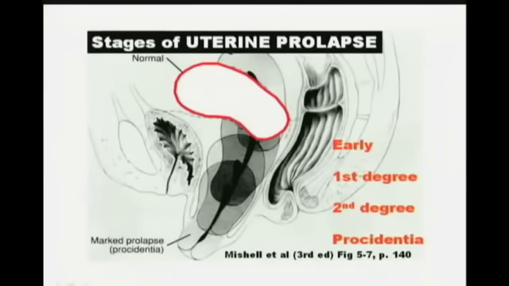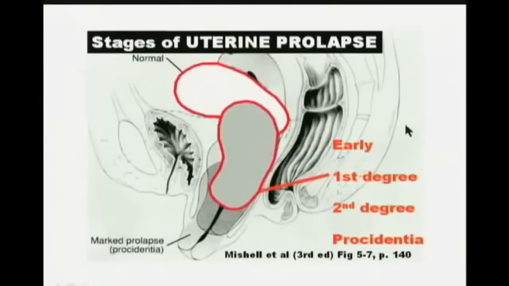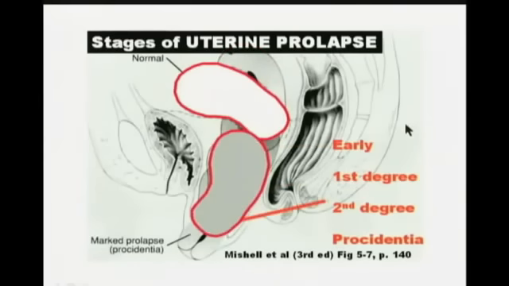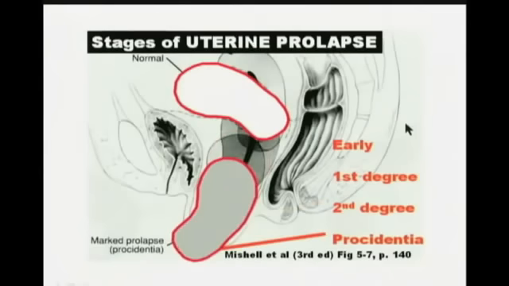As you start to get uterine prolapse, notice how the uterus changes into the same plane as the vagina. You see that? And then as we start to get descensus, or lack of support, the uterus starts moving down and down and down until it's outside of the body, wrapped up in the vagina.